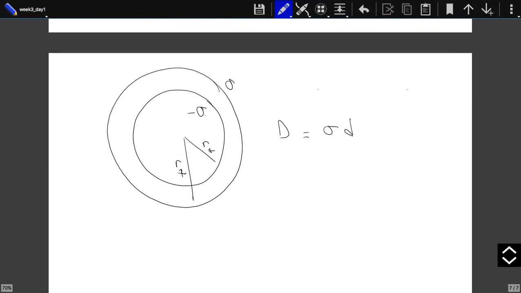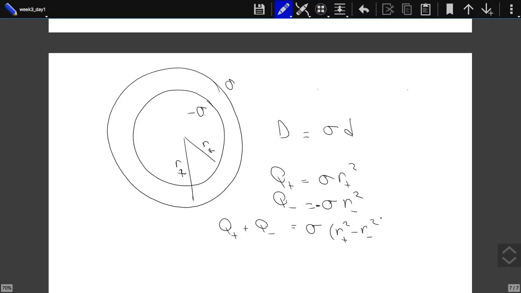Now, of course, there is another issue if we assume that sigma is the same: q plus and q minus are not the same. Q plus is sigma times r plus squared, and q minus is sigma times r minus squared. What we are looking for is q plus plus q minus. Is it 0 or not? Now q minus is minus sigma times r minus squared. This is sigma times r plus squared minus r minus squared.